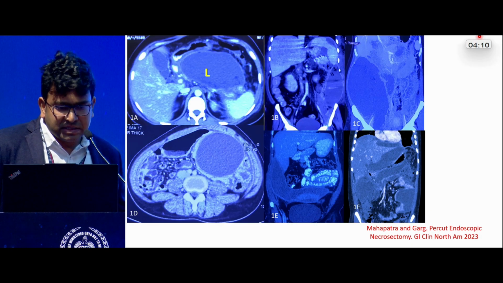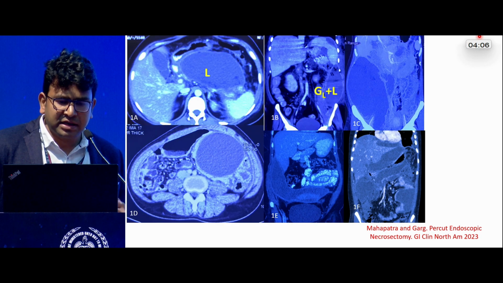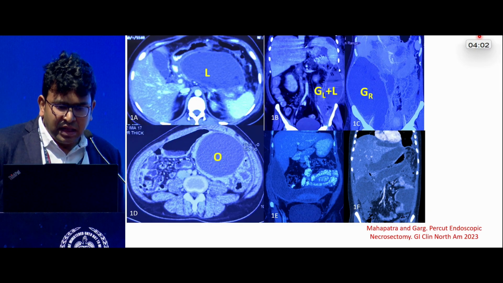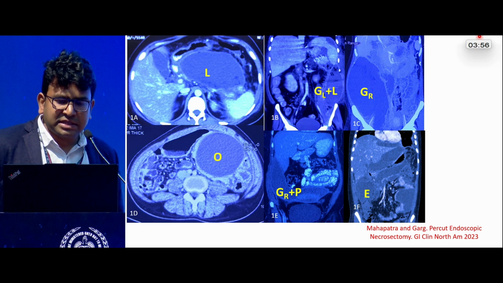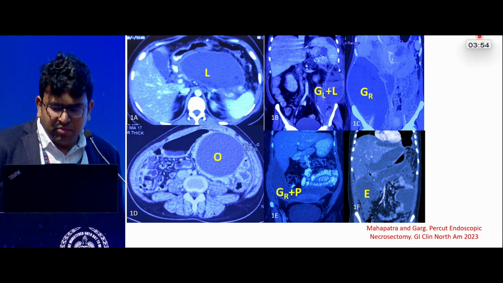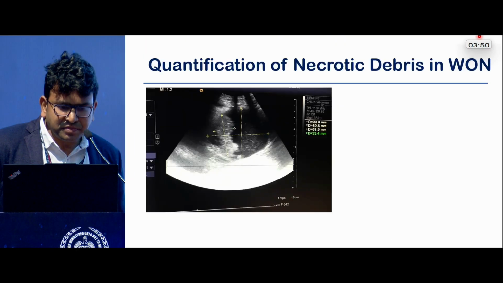This is the lesser sac predominant collection, L, a left paracolic gutter predominant collection with a small lesser sac component, a right paracolic gutter predominant collection. This is a collection located in the omentum, that's others. This is the right paracolic gutter plus pelvic, and this is an extensive collection with 3 or more components interspersed in the abdomen.